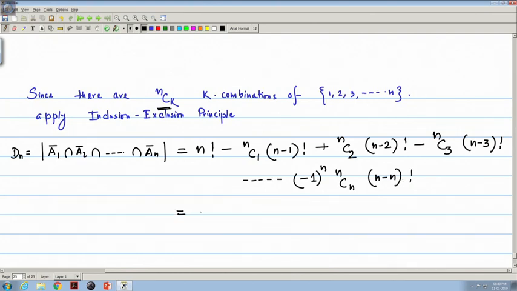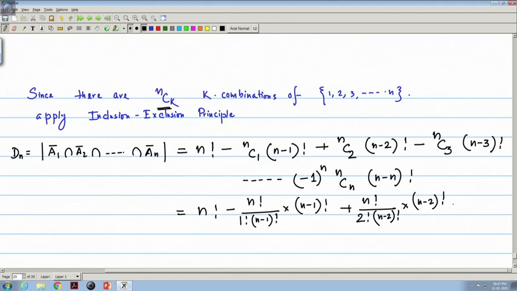So, now if I compute, n factorial minus nC1 times n minus 1 factorial, this is n factorial divided by 1 factorial into n minus 1 factorial, into n minus 1 factorial, plus the second term, n factorial by 2 factorial into n minus 2 factorial, into n minus 2 factorial, minus, and if I go this way, the last term is minus 1 to the power n nCn, which is n factorial divided by n factorial into 0 factorial, since n minus n is 0 factorial.